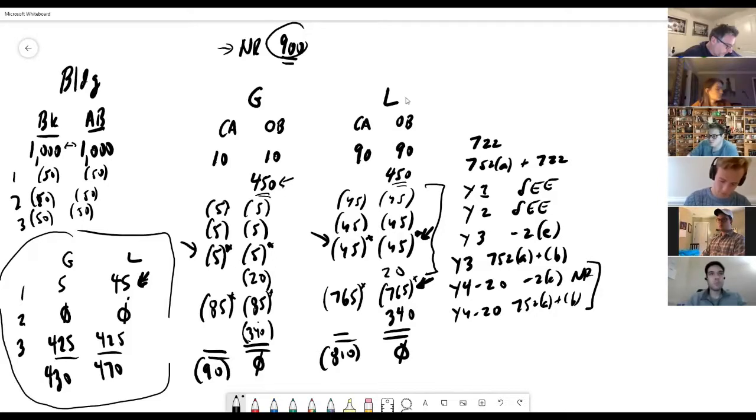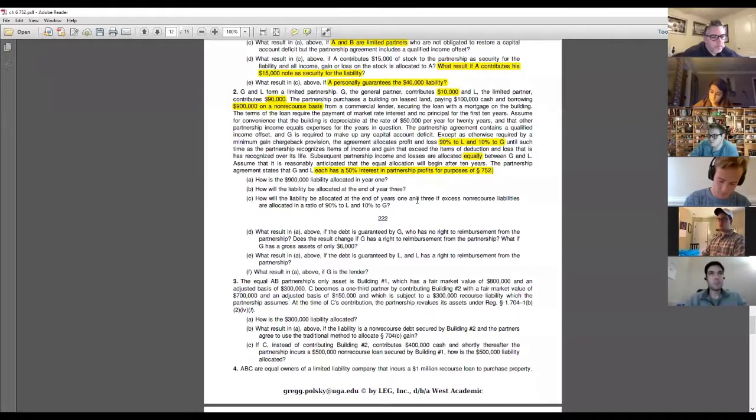All right, let's go back to the problem. So we did A and B. We go to C. Well, what if the tier 3 had been allocated 90-10? This is where we're not an idiot. We realized this and we're going to do this the right way.